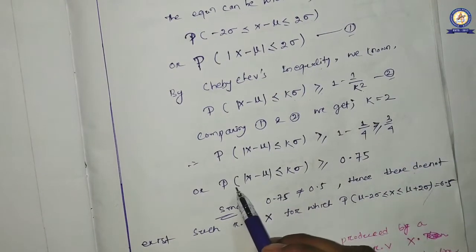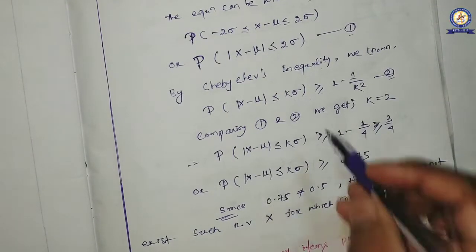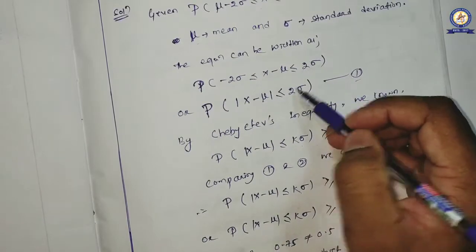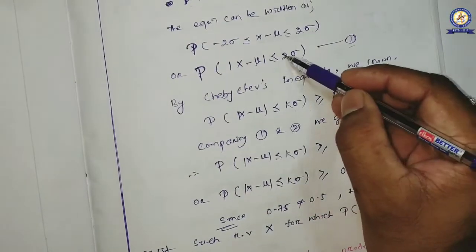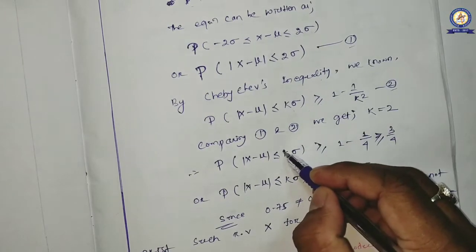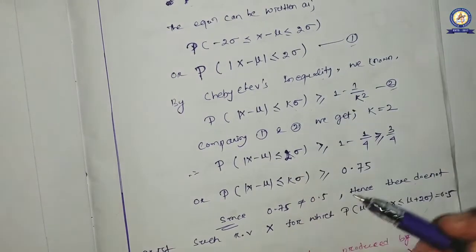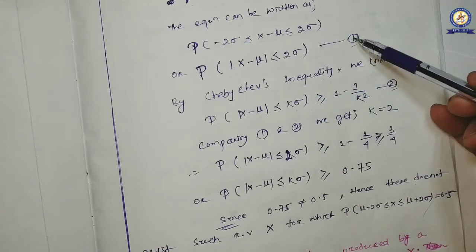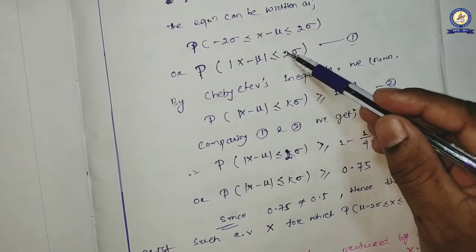Or we can write probability of |x minus mu|, this is not k sigma, this is 2 sigma, because here 2 sigma means I have to write 2 sigma. If I compare equations 1 and 2, k will be 2.